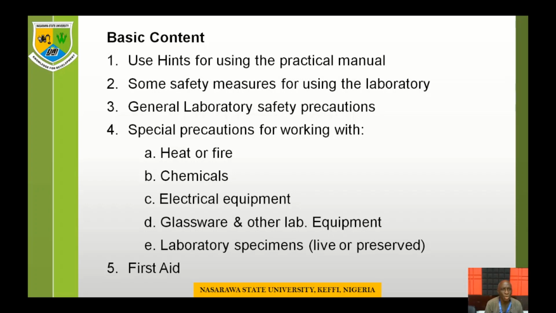There is also a section on first aid in the manual. They are all provided inside that small manual. The manual is a small book that guides you page by page on what you will be expected to do. All the practicals will be carried out in the lab.